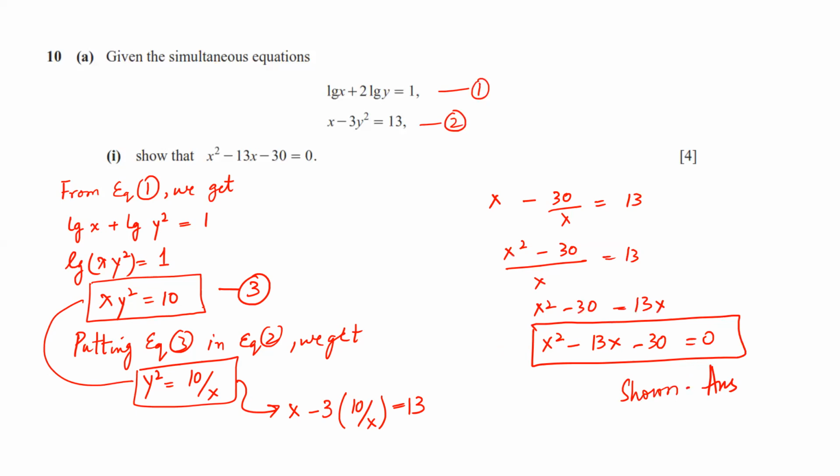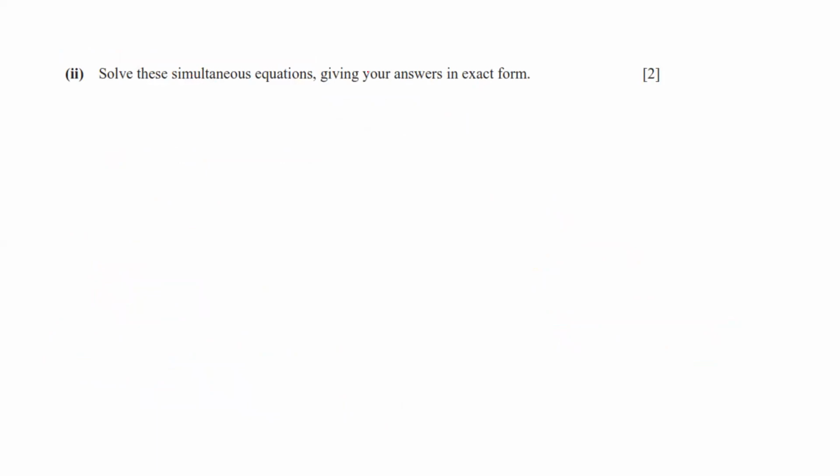Now in the next part it says solve these simultaneous equations, giving your answer in exact form. Remember, you have already reduced it to x squared minus 13x minus 30 equals 0. So find the value of x. Remember, x is equal to minus b plus minus the square root of b squared minus 4ac, over 2a.